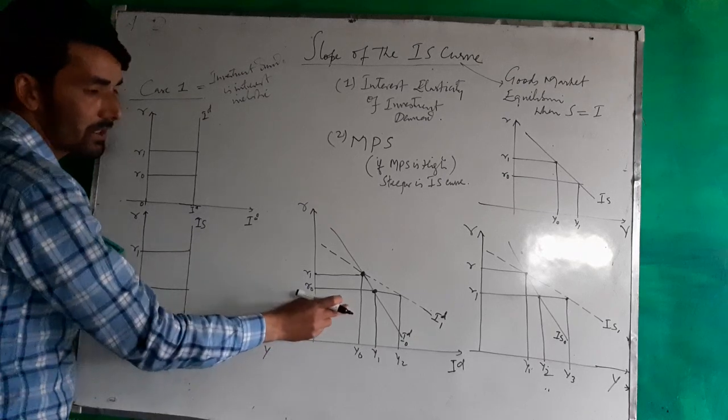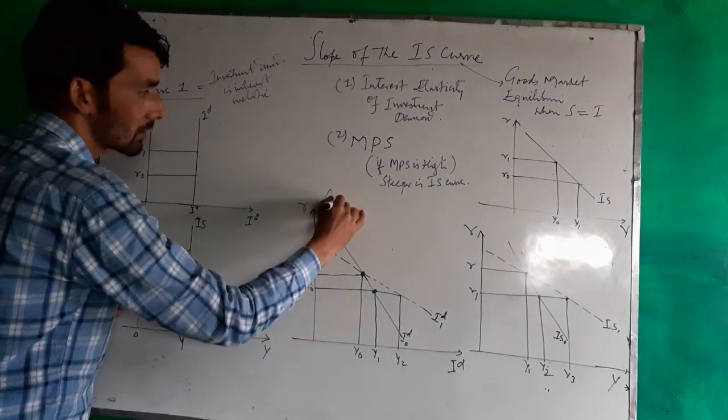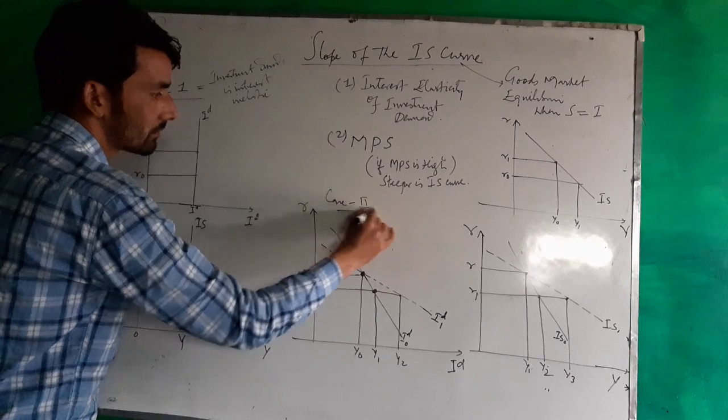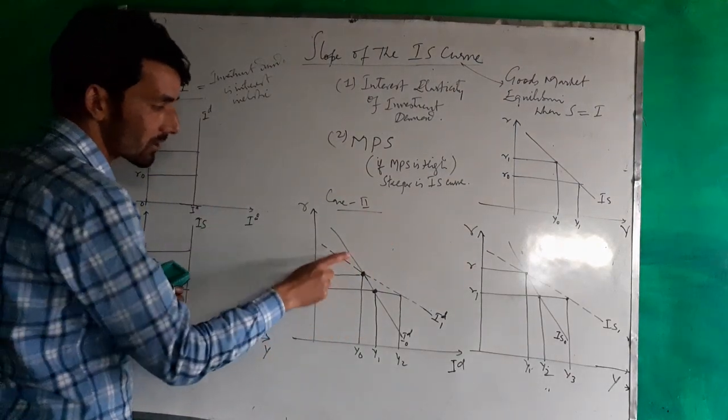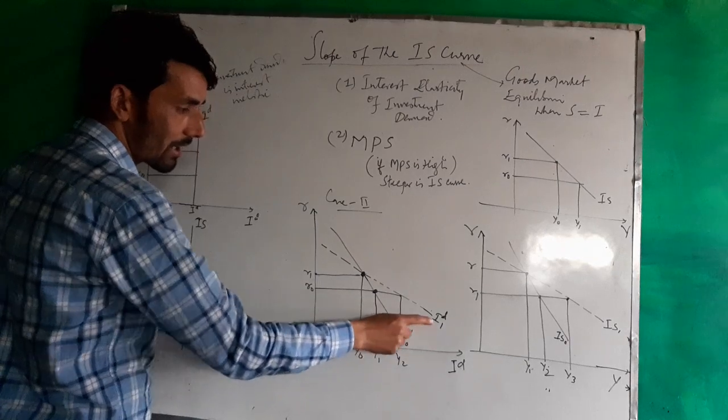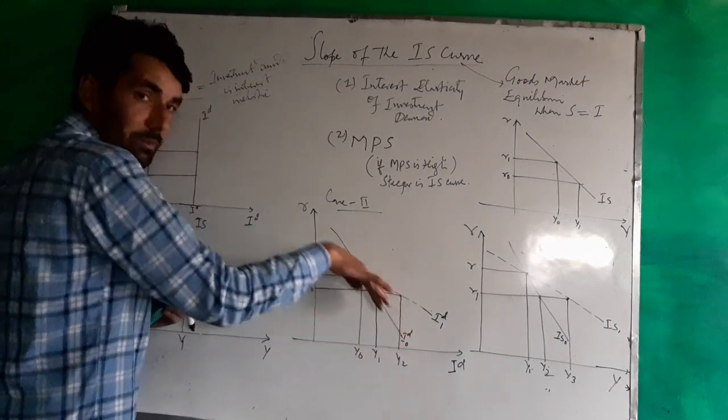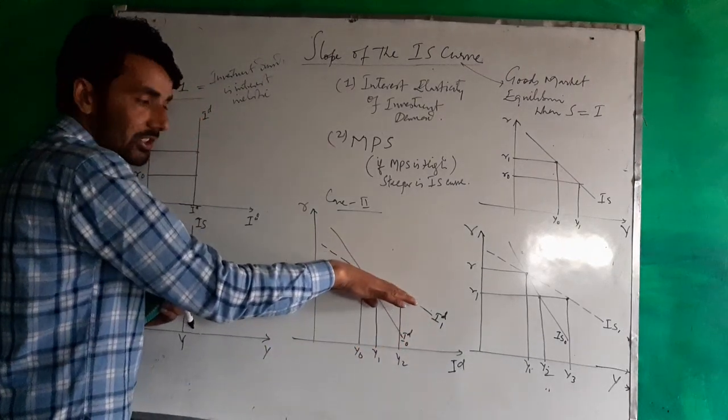Second, if we move to the second case, here we have plotted two curves, investment demand 0 and investment demand 1. This one is steeper, and this one is relatively flatter.